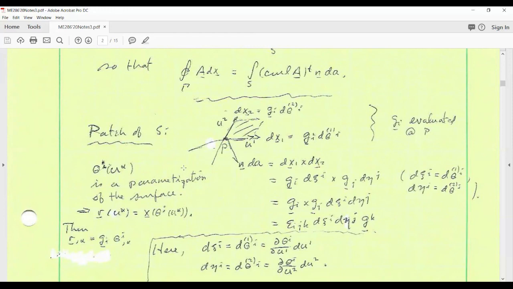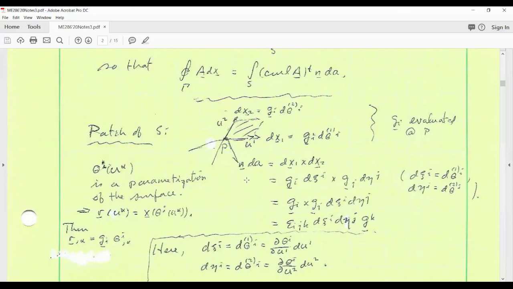Okay, well, I can imagine looking at differentials induced by differentials of u1 and u2. For example, dx1, I'll call g_i d theta^i. We know dx is g_i d theta^i, but since I'm going along this one direction, I'll call it d1 theta^i. And dx2 here, g_i d2 theta^i.